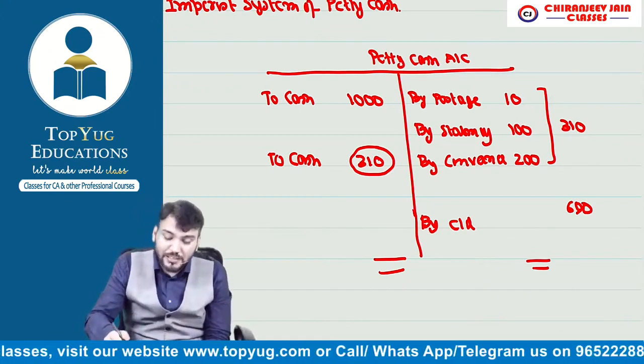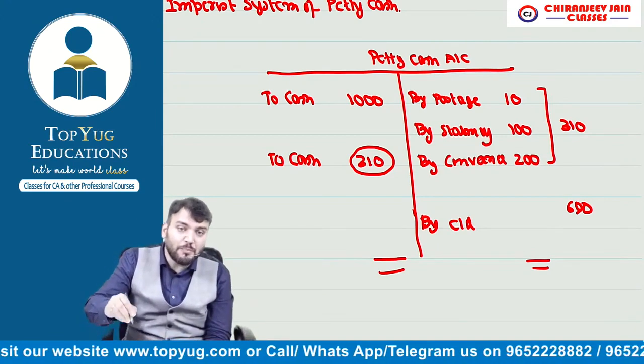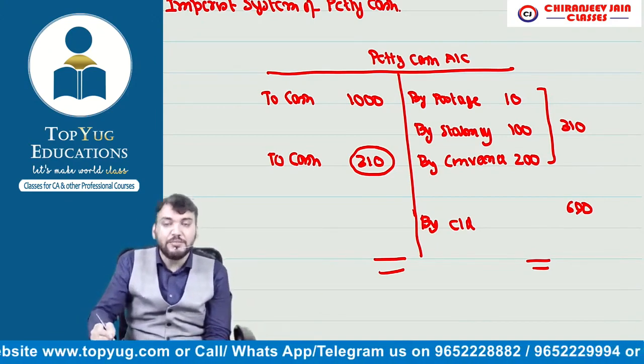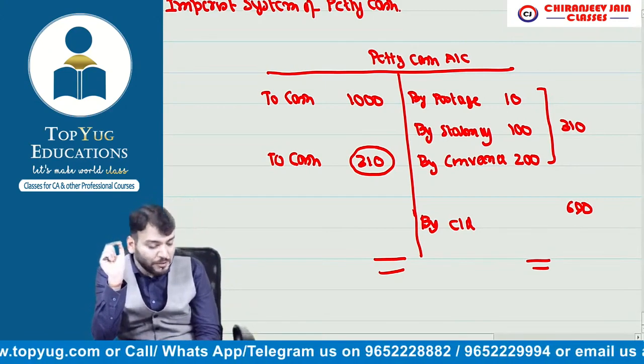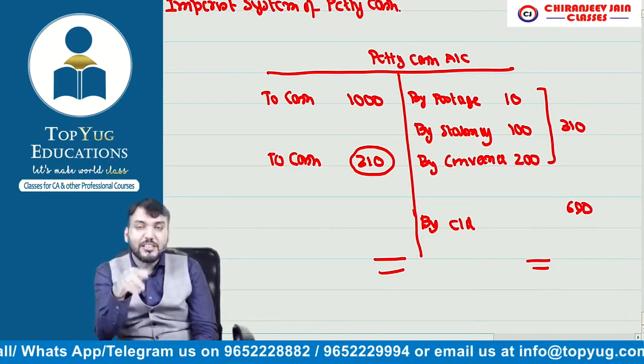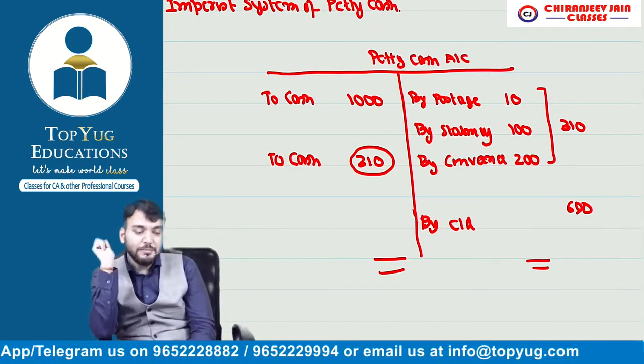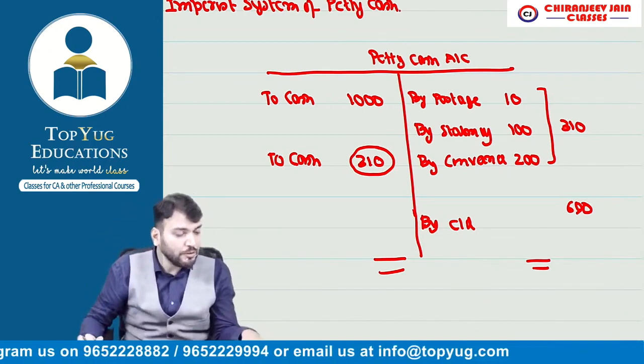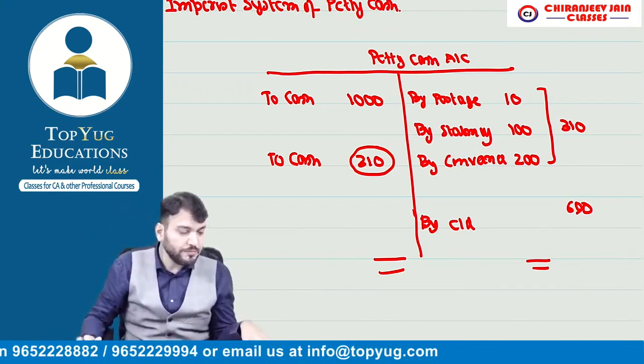Correct. So it means what will be the closing balance of petty cash at the end of the month? बताओ. At the end of the month closing balance कितना होगा ये बताओ. अगर ये system follow करे तो what will be the closing balance? बोलो.